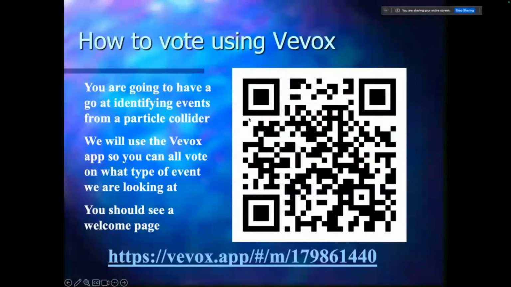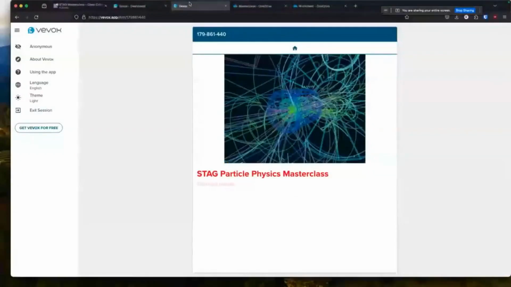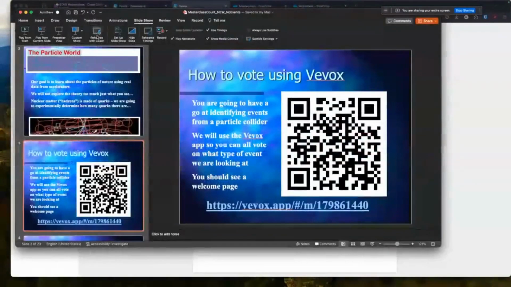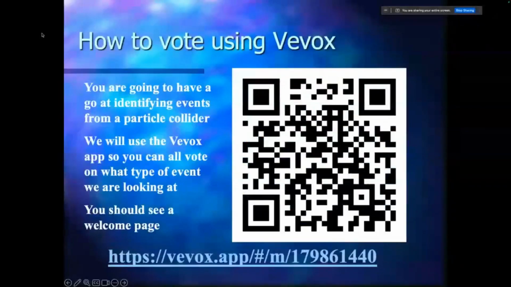So phone or computer, either way. Hopefully, once you access this, you should see a welcome page that looks a little something like this. And in a second, we'll launch a test question for you to make sure that it's still working. Do let us know if you have any problems in the chat connecting to the system.